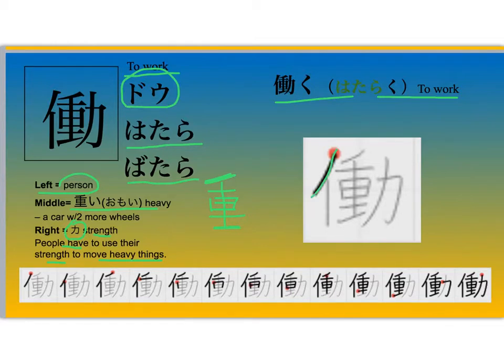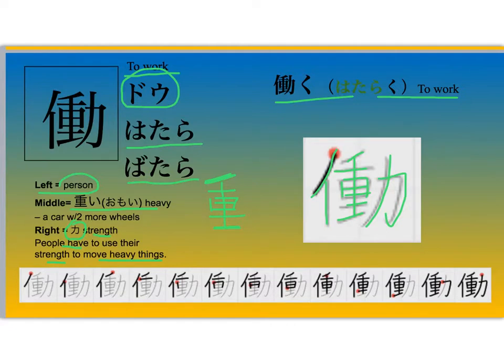It's 1, 2, 3, 4, 5, 6, 7, 8, 9, 10, 11, 12, 13. So there are a lot of strokes.